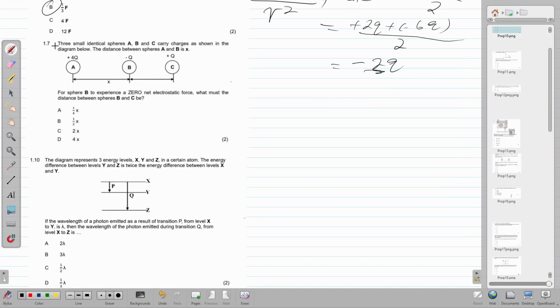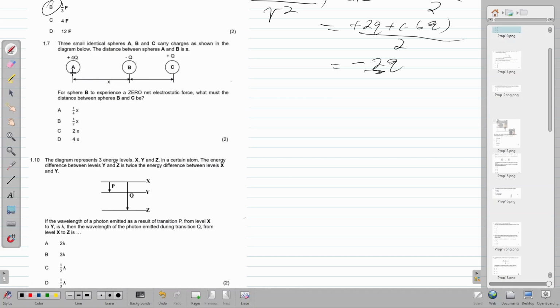Question 1.7 again. Three small identical spheres A, B, and C carry charges as shown in the diagram below. The distance between spheres A and B is x. So we have sphere A, sphere B, and sphere C. The charge on sphere A is plus 4q, on sphere B is minus q, and on sphere C is plus q.